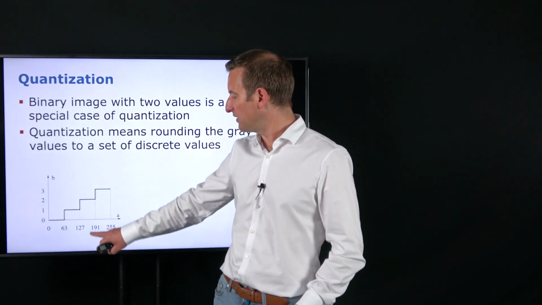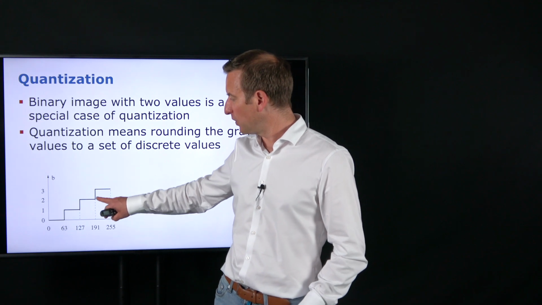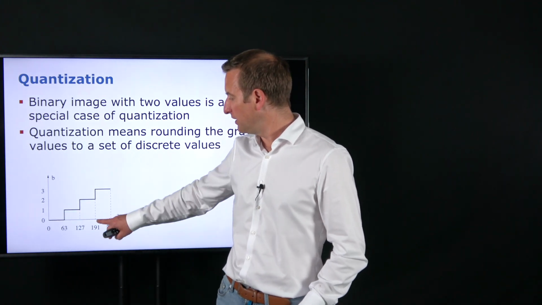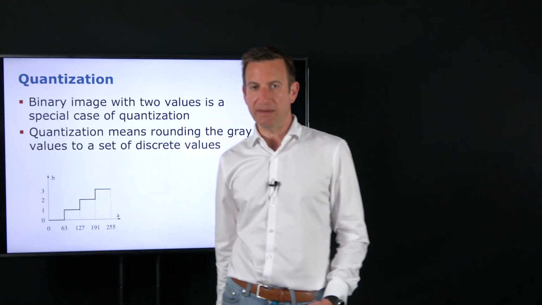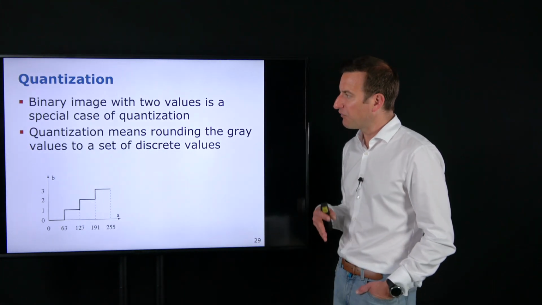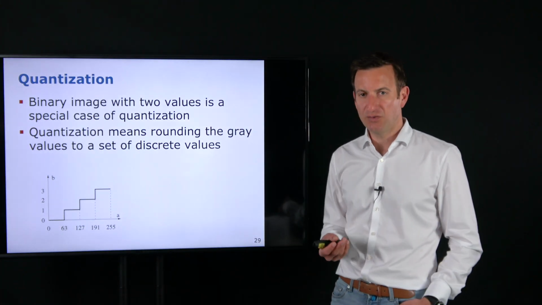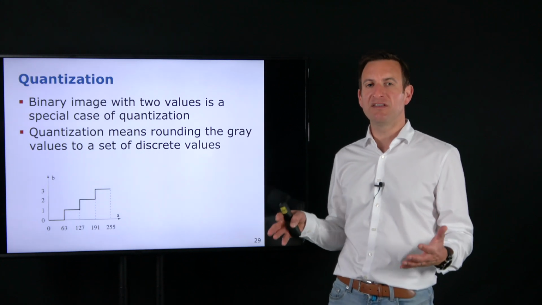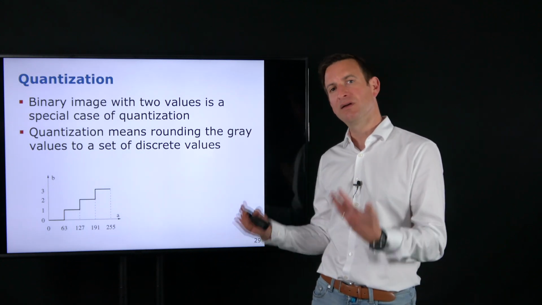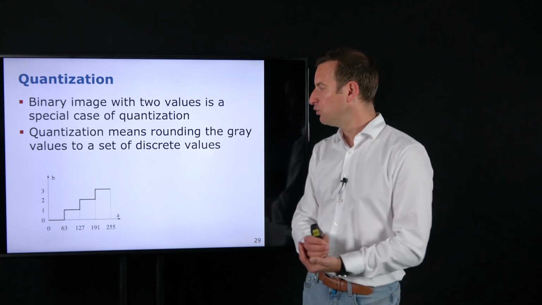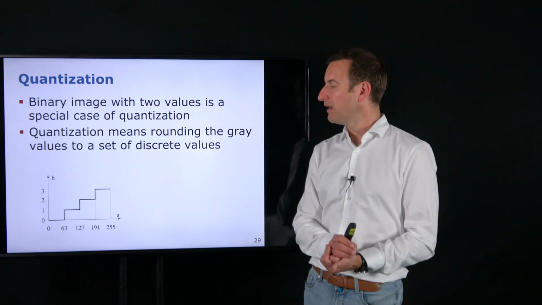Everything from 128 to 191 should be mapped to 2, and everything above that should be mapped to 3. So in this case, I have quantized the intensity values and reduced the possible number of intensity values to 4, from 256 possible values to 4 possible values.